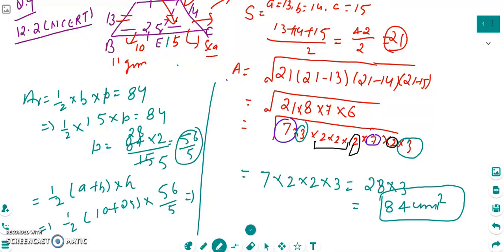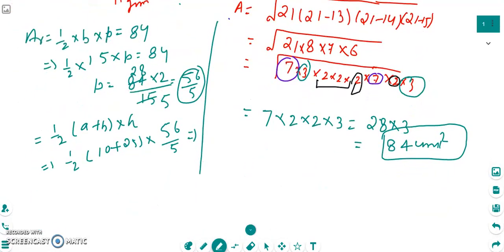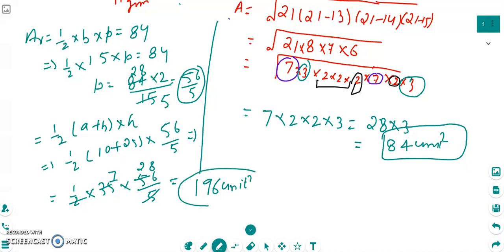So here it will be 35, here 56 by 5, here it comes 7, here it comes 28. Multiply these two, you will get 196 unit square. You can even check the answer the other way, you will get the same answer.